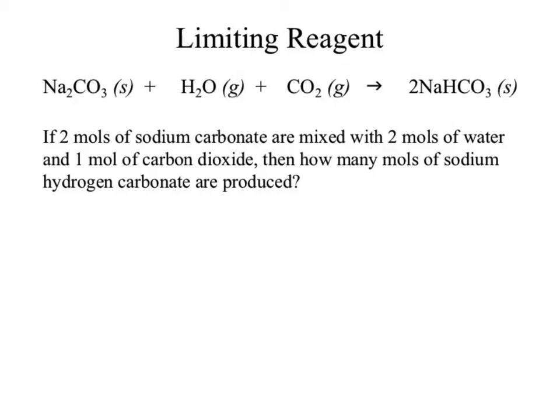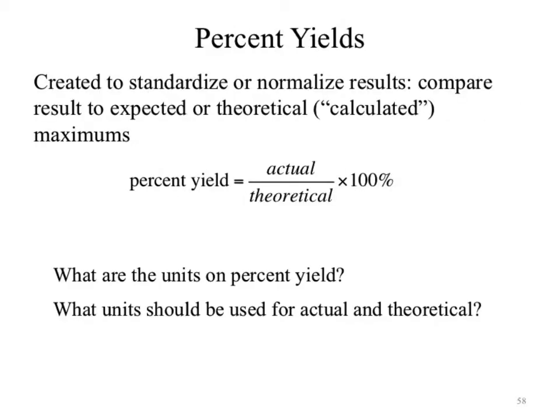Limiting reactants. You will take what you start with, run a bunch of calculations to say how much could this possibly have made. So you have to use that knowledge to determine a percent yield. If you don't have that knowledge, how do you determine a percent yield? You don't.